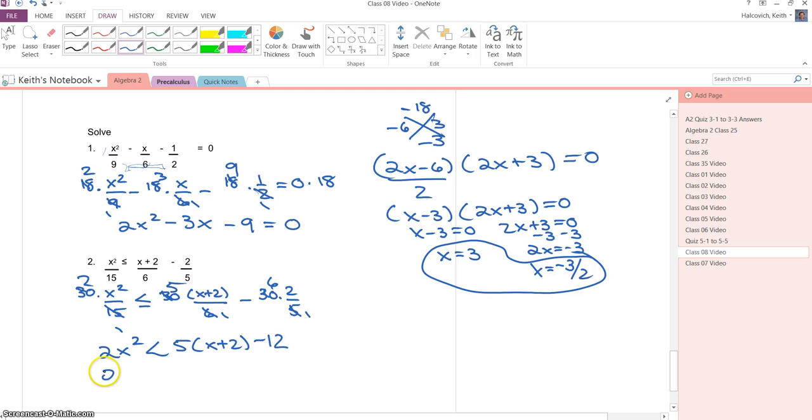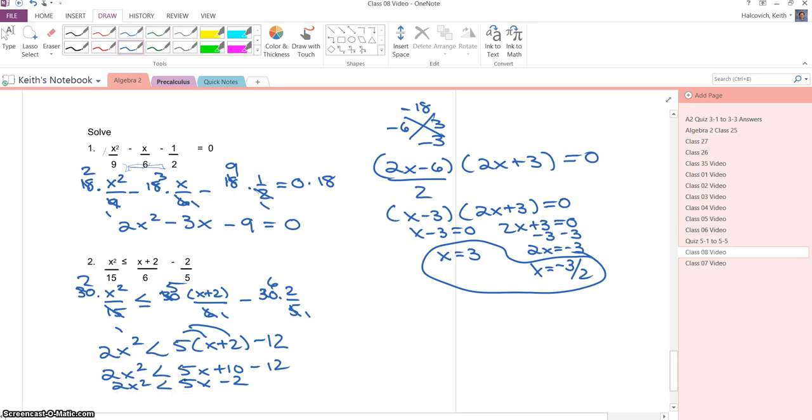From here, you distribute the 5, so you get 5x plus 10. Then you combine like terms, so you have minus 2. 10 minus 12 is negative 2.